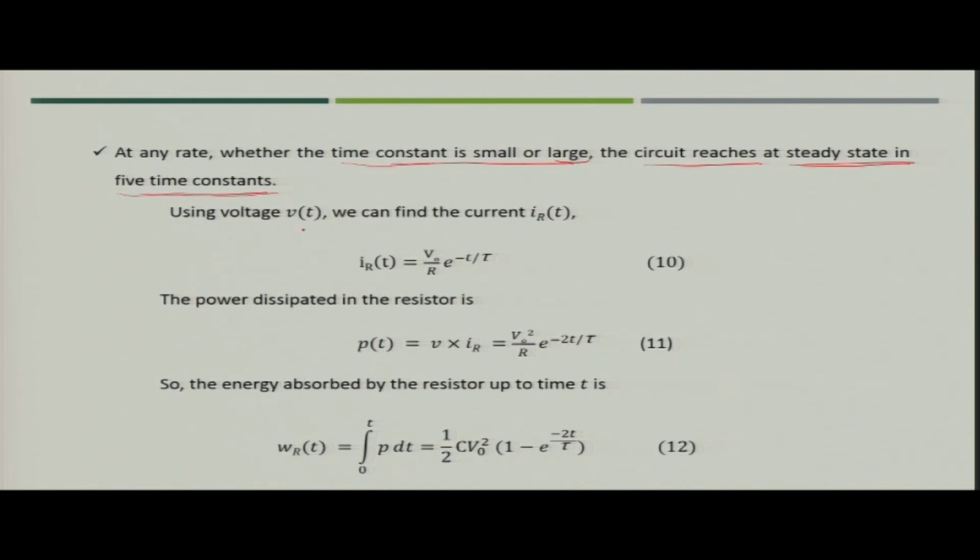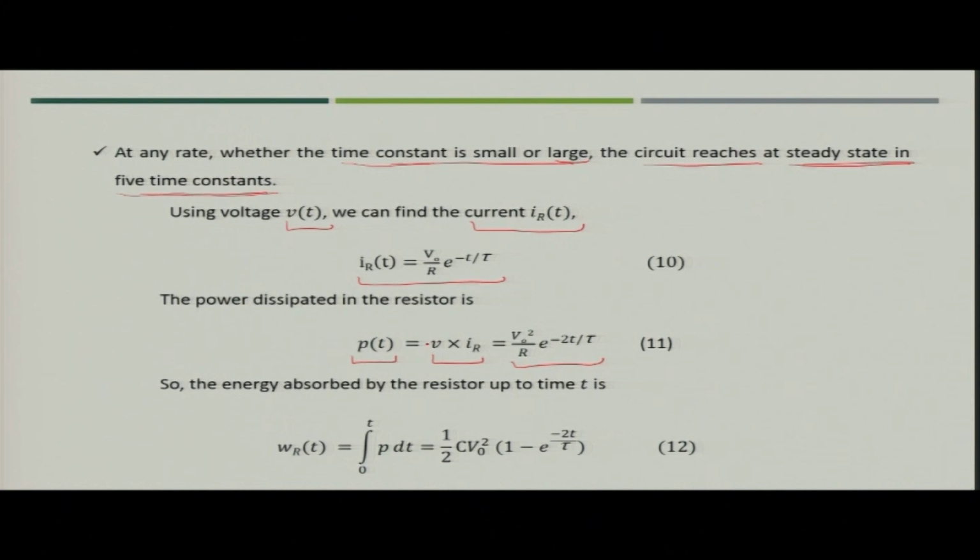Now, using voltage V(t), we can find the current. How will we find the current? You can simply write the current I flowing across the resistance R as the voltage across the resistor, that is V naught into e to the power minus t by tau, divided by the resistor R. Now, if the power dissipated in the resistor is p at a particular time t, then the instantaneous power would be V into I, which is V naught squared by R, e to the power minus 2t by tau.